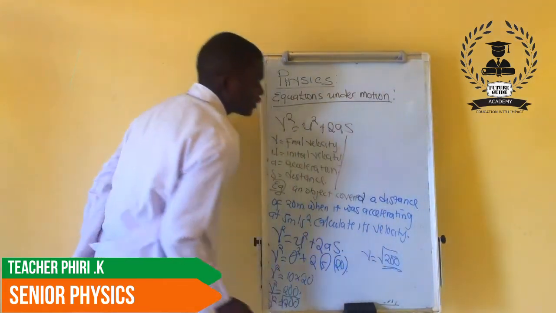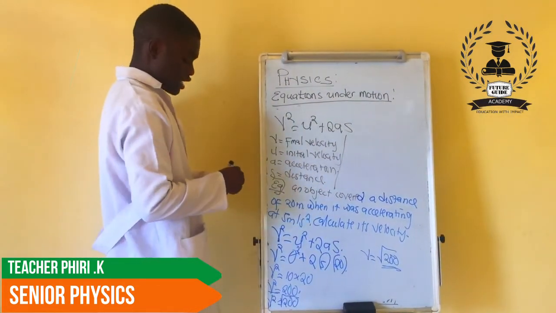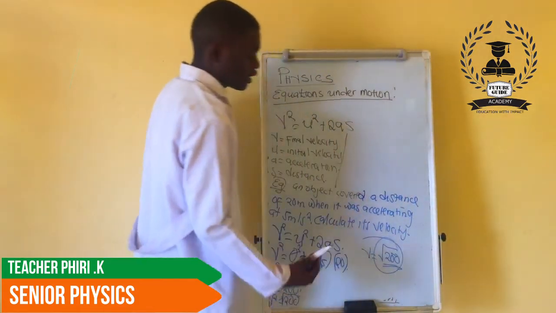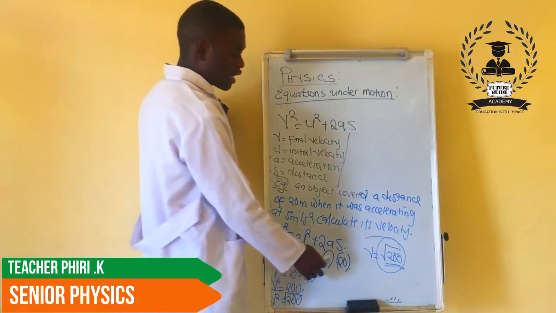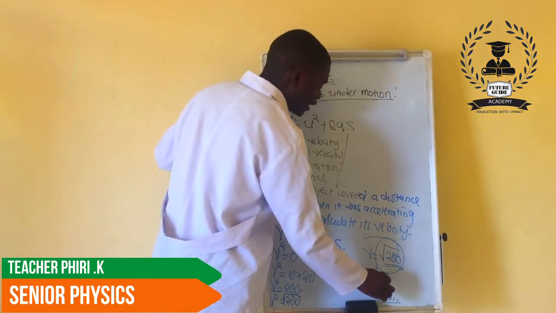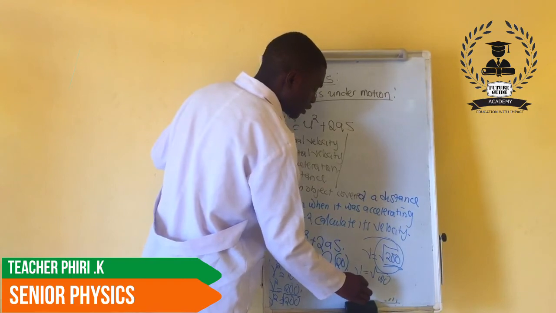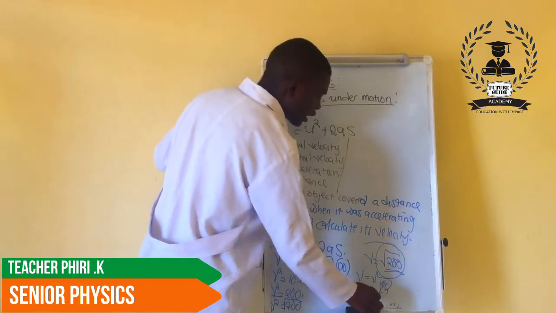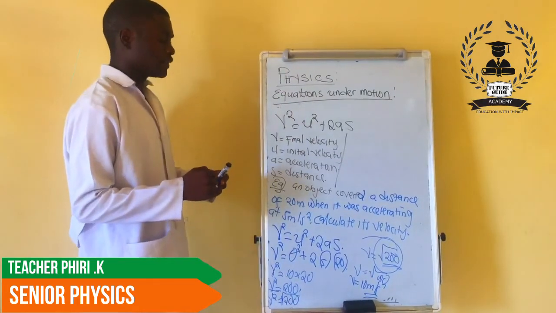You can use a calculator to find the square root of 200. If we had 100, we would have said v is equal to the square root of 100, which would give us 10 meters per second. And that is our velocity.